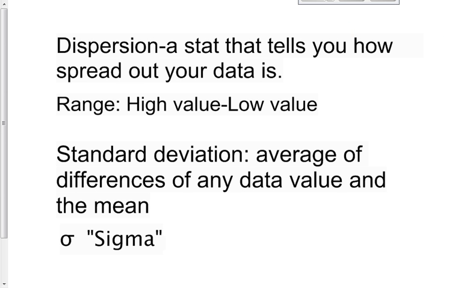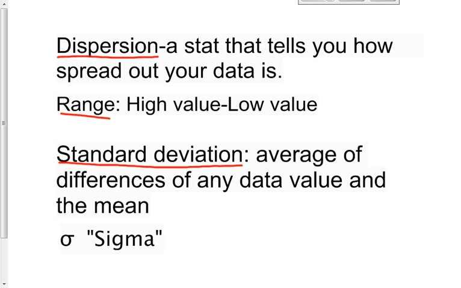We also have something that is called a dispersion. So this is a new word for most of you, I would imagine. A dispersion is a statistic that tells you how spread out your data is. There's two values that we use to talk about dispersion. The first one is called the range, and that's the difference between the high value minus the low value. And the other one is called standard deviation.